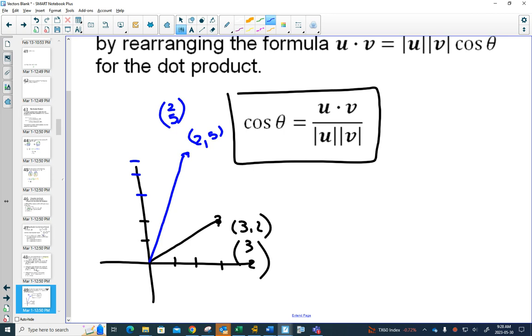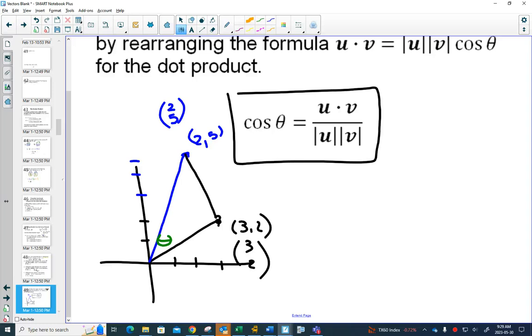Okay? And you definitely can do this using trigonometry you've learned in the past. Can you figure that angle out? What would you have to do? Okay? Well, it makes a triangle. Can you see that if I join this up, I would make a triangle?